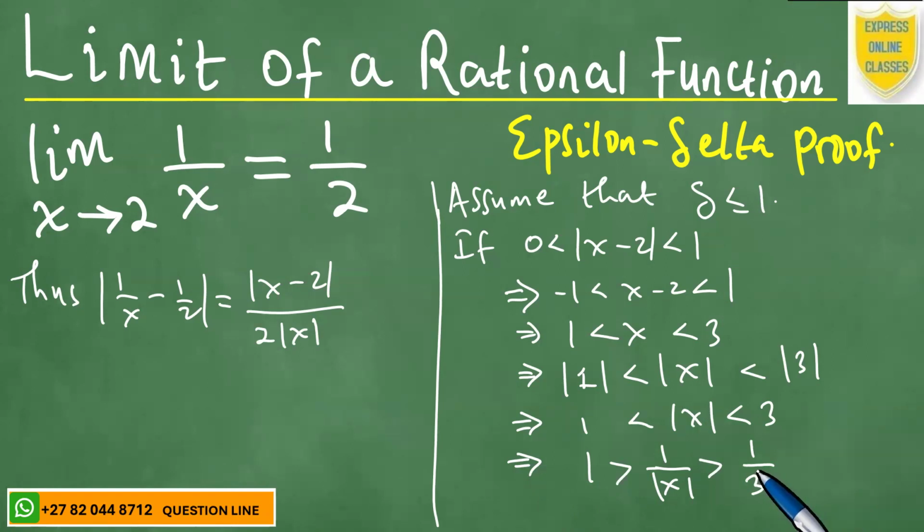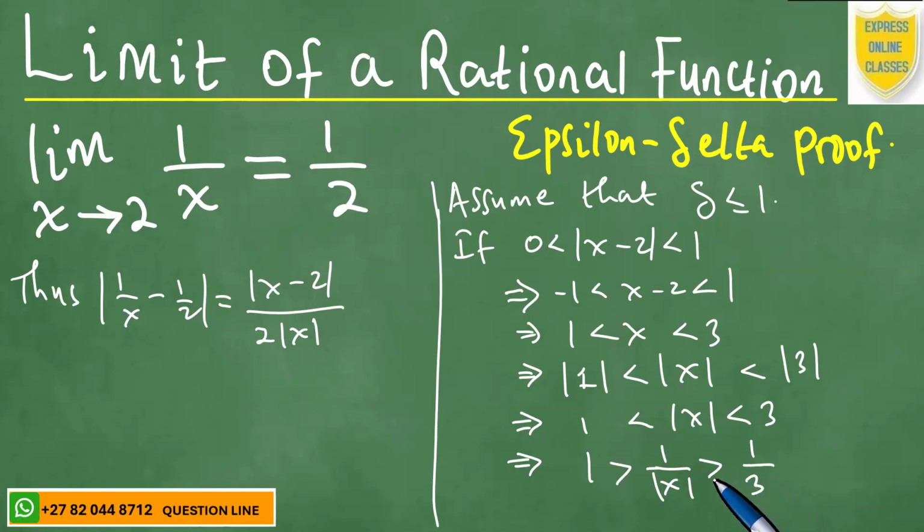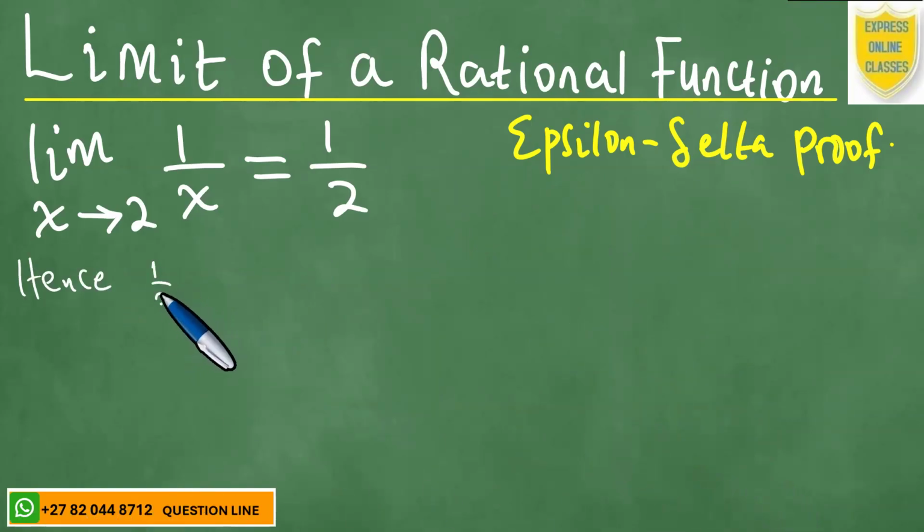What then have we been able to achieve in this case? It means henceforth that 1/3 is smaller than 1 over the modulus of x, smaller than 1.